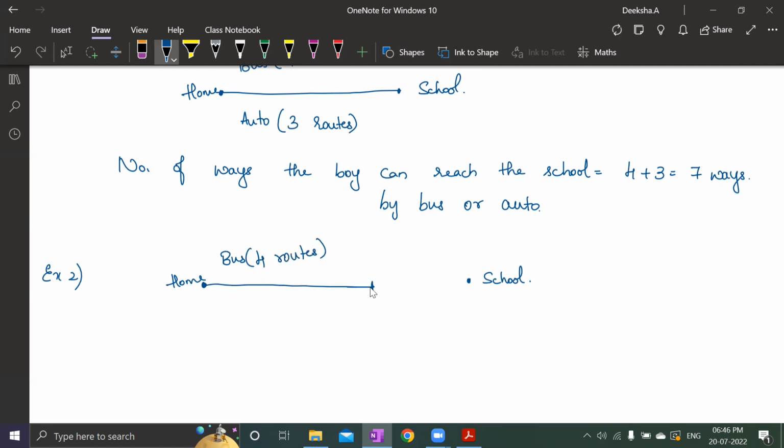After reaching this point, from this point to this point, he has to go by auto only. From here to here, there is no bus and he has to go by auto only. There is no other choice. And there are 3 routes. So to go from home to school, he has to go by bus and he has to go by auto also. He doesn't have a choice here. Is that clear, everybody?